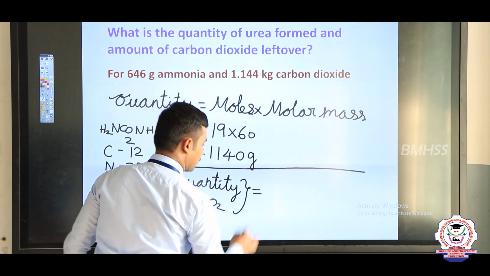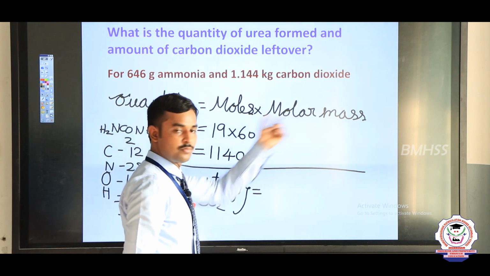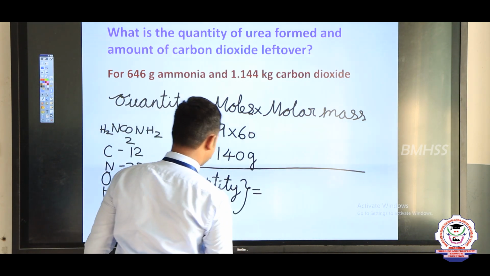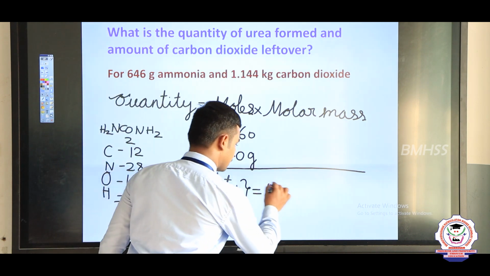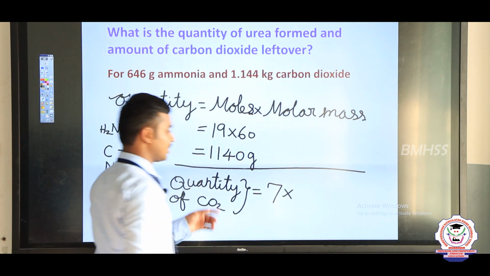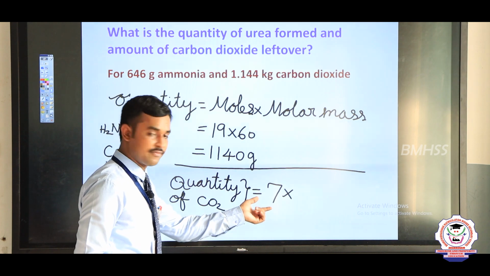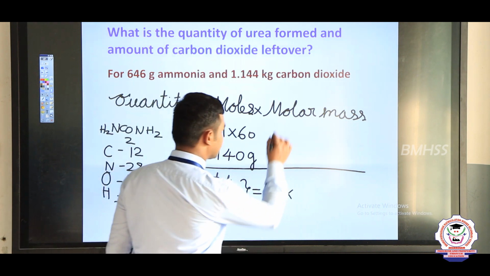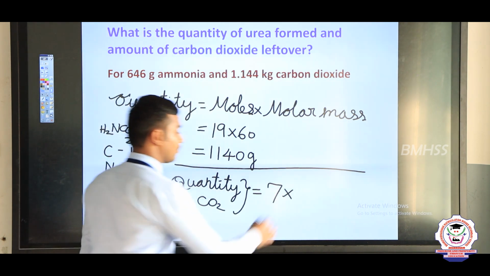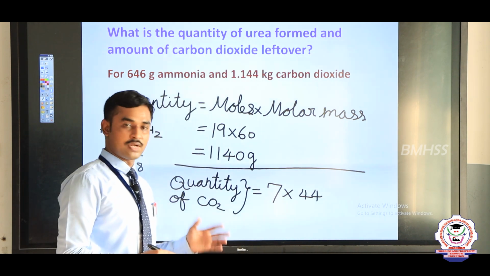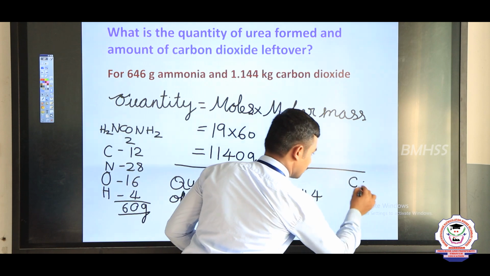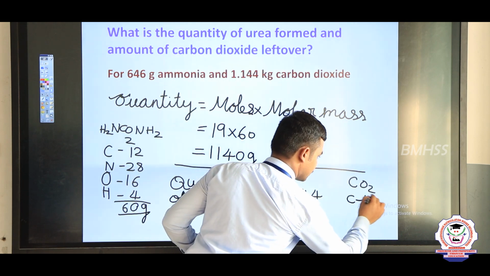The quantity of CO2 can be calculated by the same formula, moles into molar mass. The moles of carbon dioxide remaining leftover in this reaction is 7 moles. In the previous slide we calculated it as 7 moles. So, 7 into the molar mass of carbon dioxide, 44 grams. One carbon in CO2 contains 12 grams.